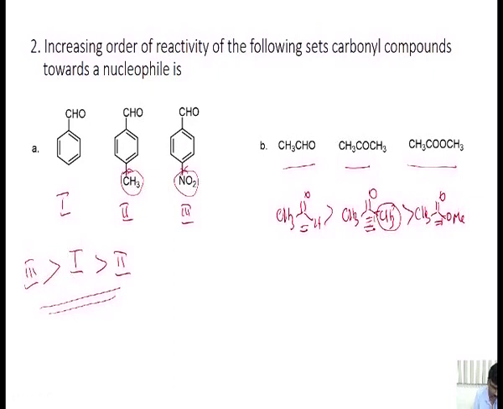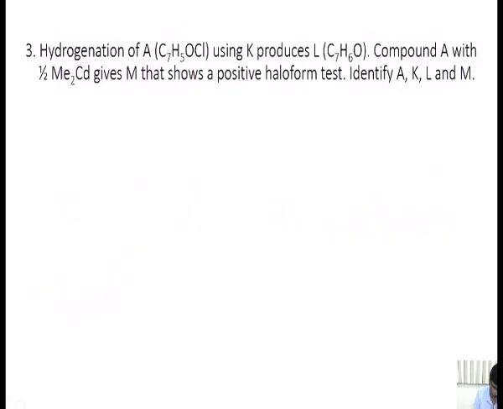Therefore, the reactivity of the nucleophile towards this carbonyl compound will be as follows. Aldehyde will be more reactive comparing to the keto group, which is more reactive comparing to the ester group. Now let us move to the next problem.